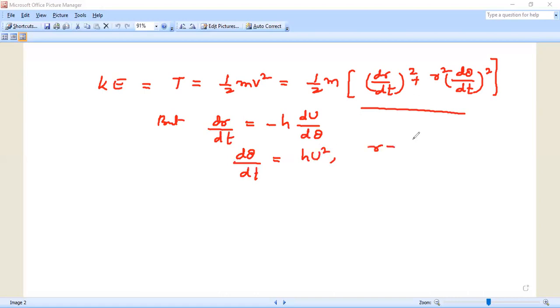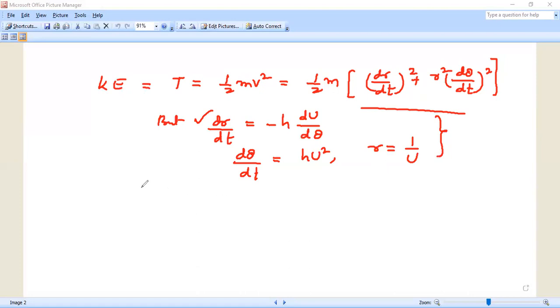Next, r is equal to 1 by u. All this we used in the derivation of the equation of motion of the particle moving under the central force. From that, I have taken direct substitution: dr by dt equals minus h du by d theta, d theta by dt equals h u square, r is equal to 1 by u.